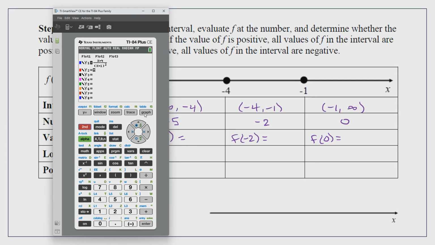Then we'll press second graph to go to our table, and we need the y's for negative 5, which is right here. We need the values for negative 2, and we need the values for 0.